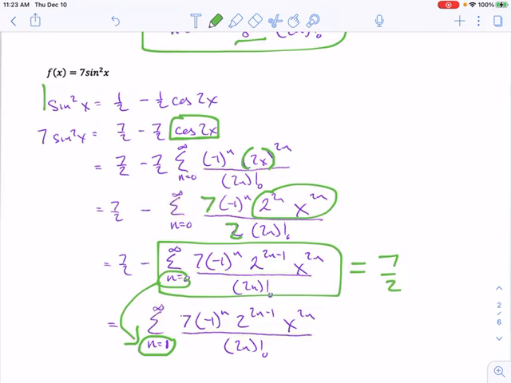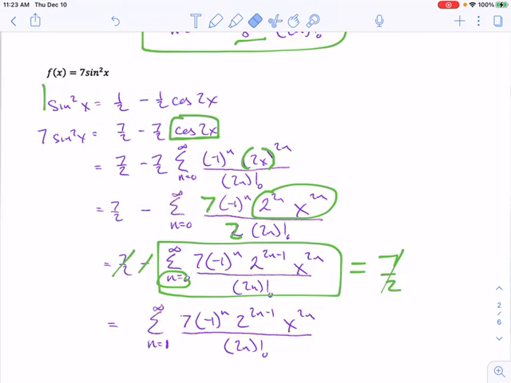And so what happens is this 7/2 minus this will cancel out. And so what we end up with is basically this power series representation starting at n equals 1. And again, the reason it's starting at n equals 1 is because the first term cancels out and becomes 0.